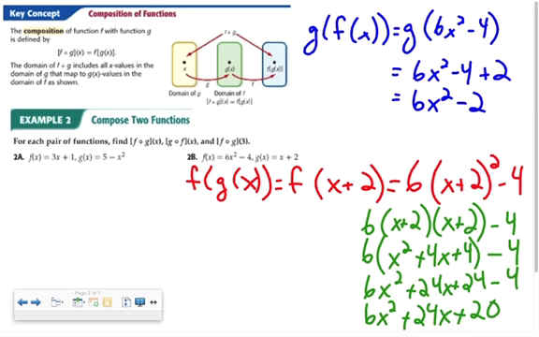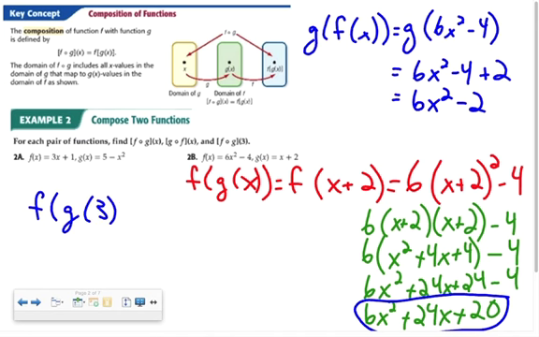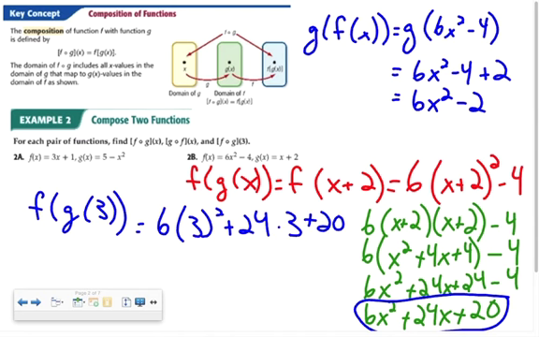Finally, the last thing that they're asking us for here is the f of g of 3. Once again, I found here the f of g of x. So in order to find the f of g of 3, I just need to take 3 and plug it into that. So I'll have 6 times 3 squared plus 24 times 3 plus 20.